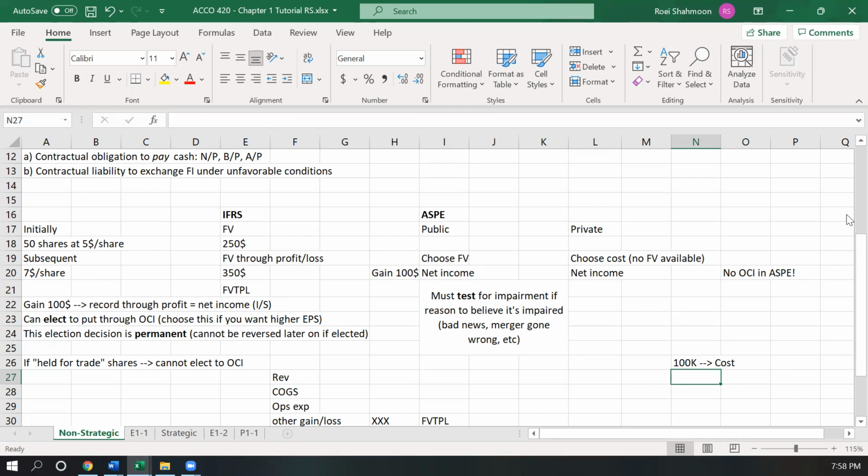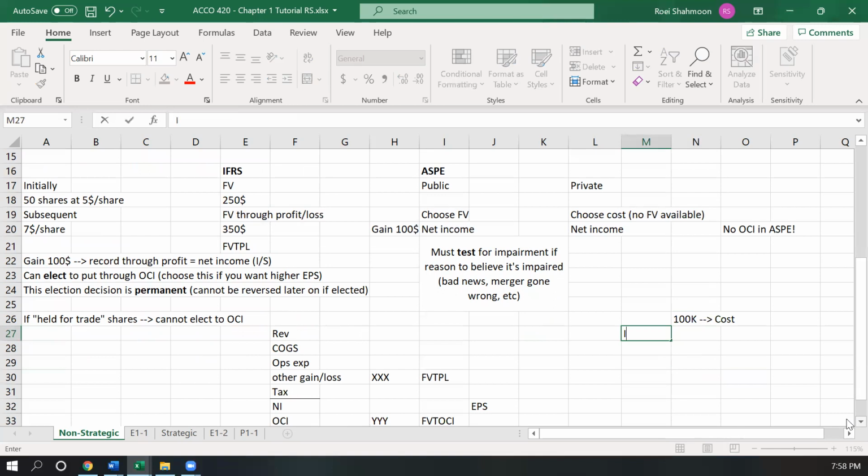Or there was some theft, or there's high turnover because some allegation rose up and a lot of employees are leaving. So the accounting's not getting done and there's going to be a lot of mistakes. So you say, well, my investment's not worth 100,000 anymore. It's going to be impaired. You guys remember the entry for that: impairment loss, and we credit the investment. If I credit my investment, it means it goes down, right?